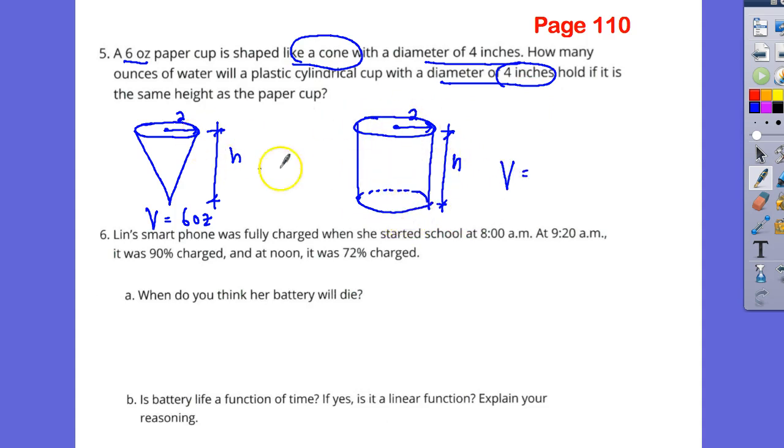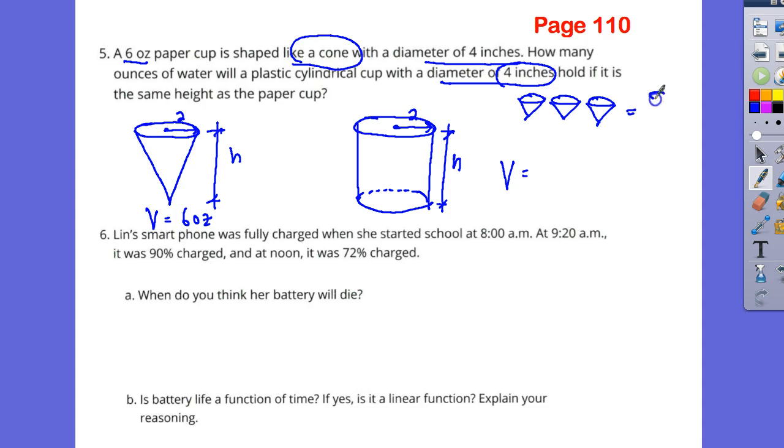So recall what we know about a cone and a cylinder with the same radius and same height. Remember, we watched a video that if you have a cone and a cylinder with the same height, it will take 3 cones to fill up the cylinder. So we have 3 cones, 1, 2, 3.